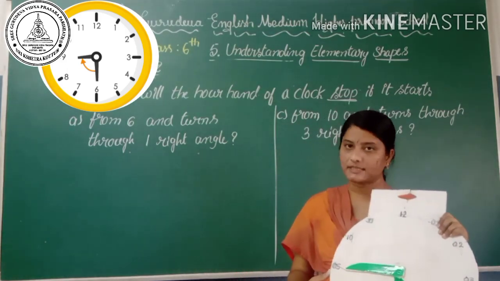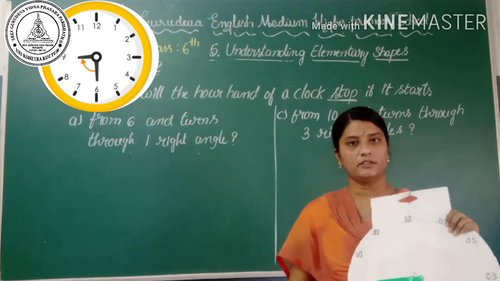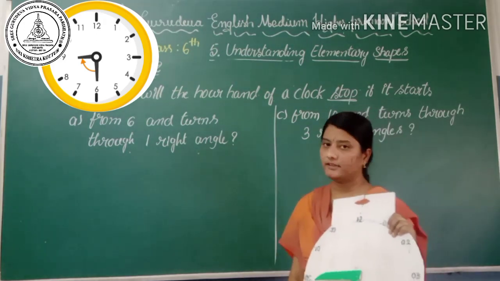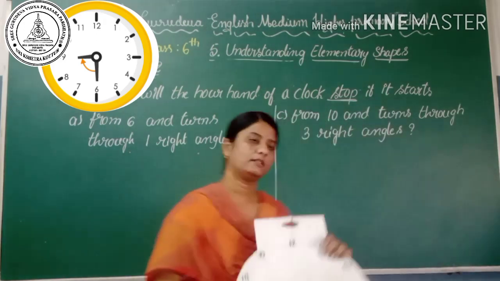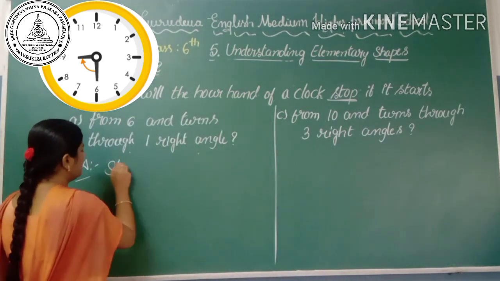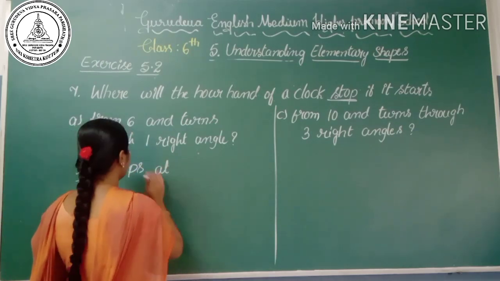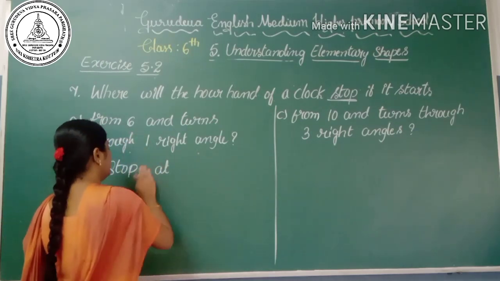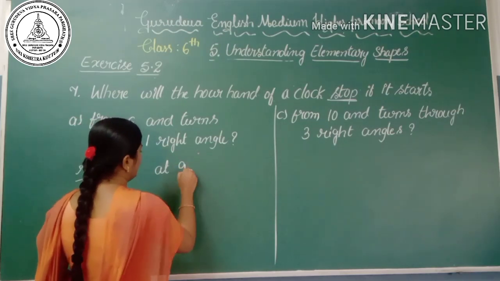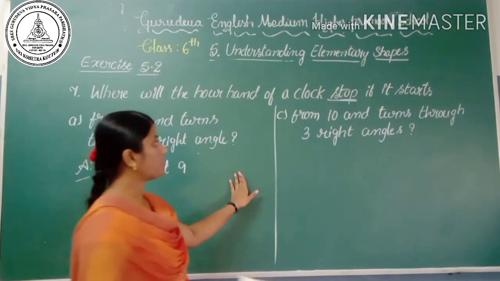So it stops at 9 if it turns one right angle turn. Answer: stops at 9.